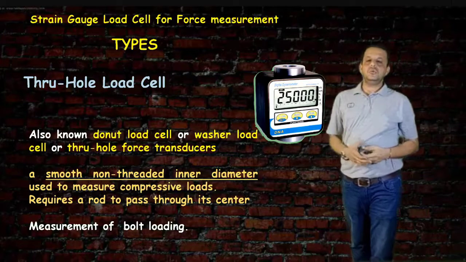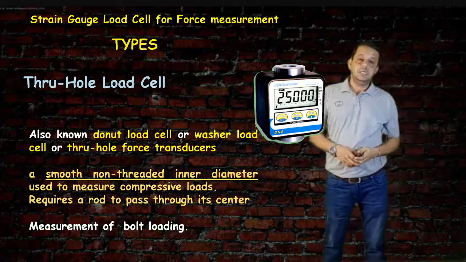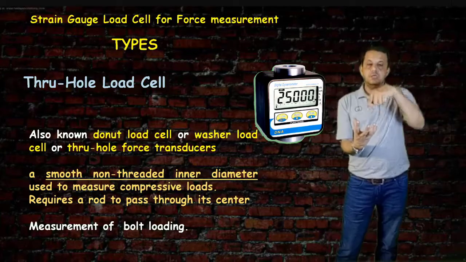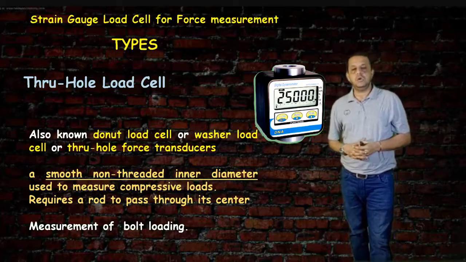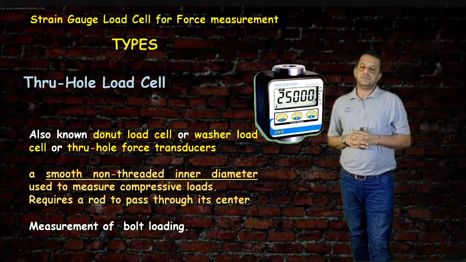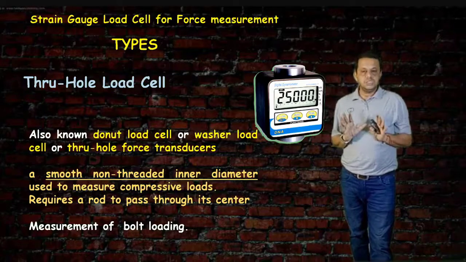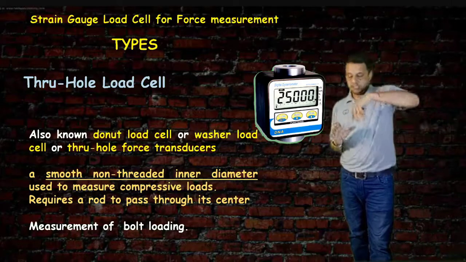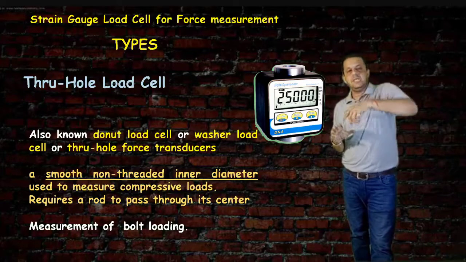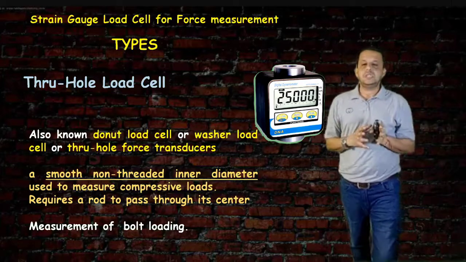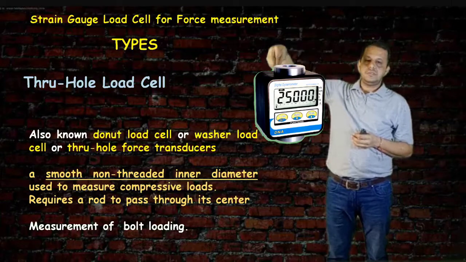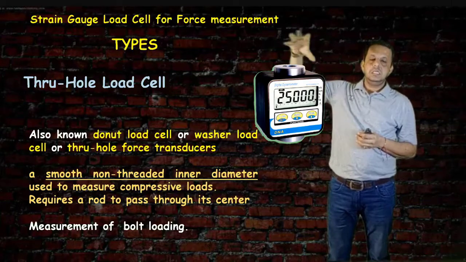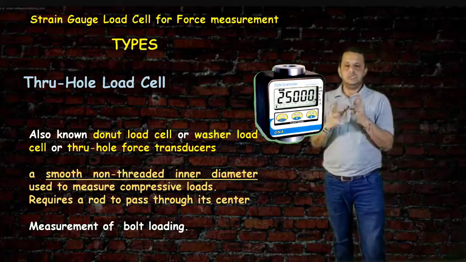It is also known as a donut load cell, like a donut cake having one hollow part, or even a washer load cell or through hole force transducer. It has a smooth, non-threaded inner diameter, so the inner side doesn't have any threads, and one rod is to be passed through the load cell.